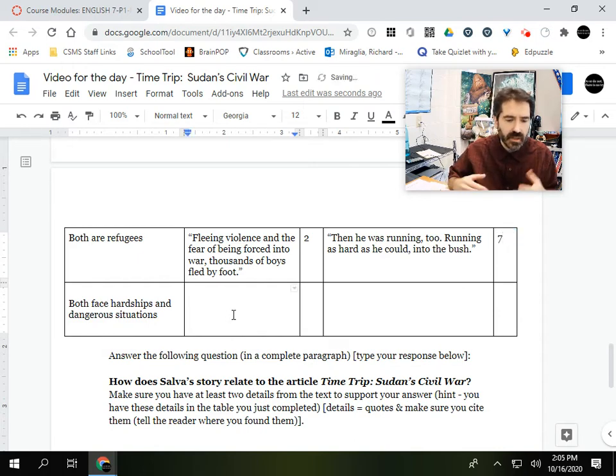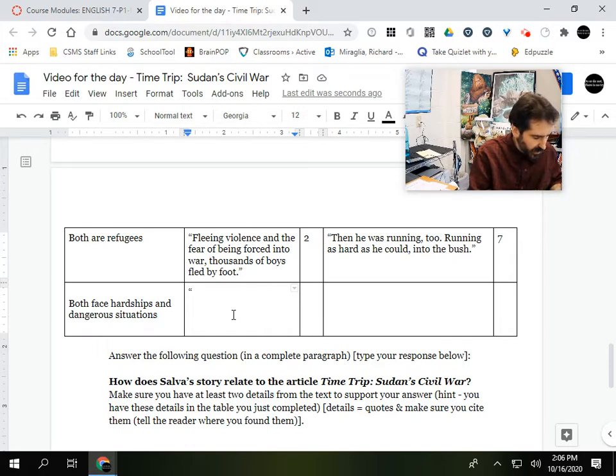Okay, now we need to find something about hardships. One of the things in the story was when they had to swim across the Nile. They went days without food and water. We're only on chapter 6, so we don't have all of the different details. So we need to find a good quote for his having to worry about hardships.